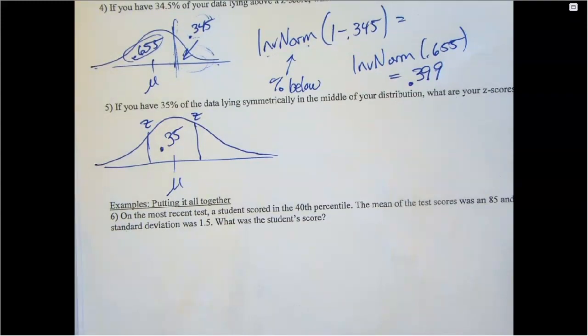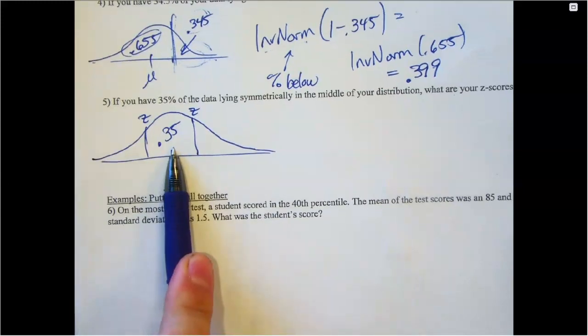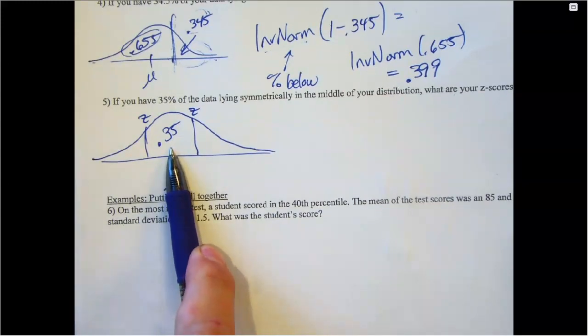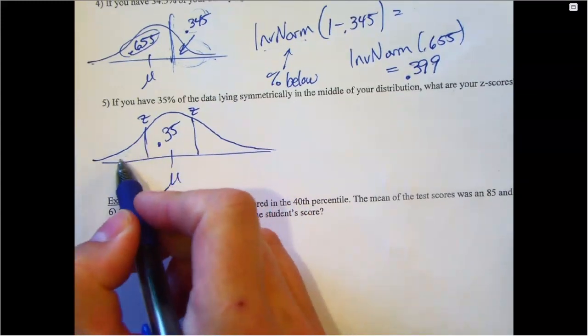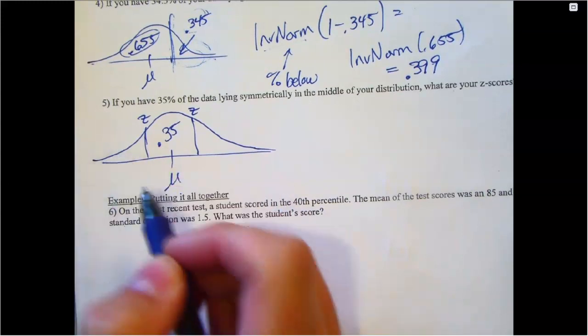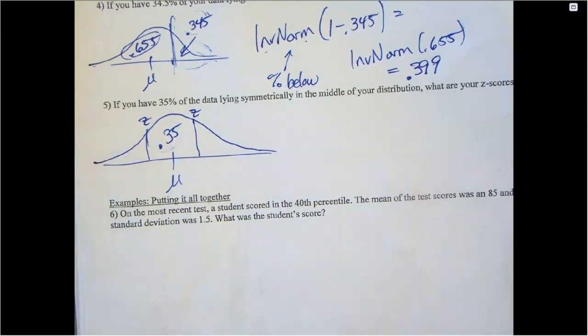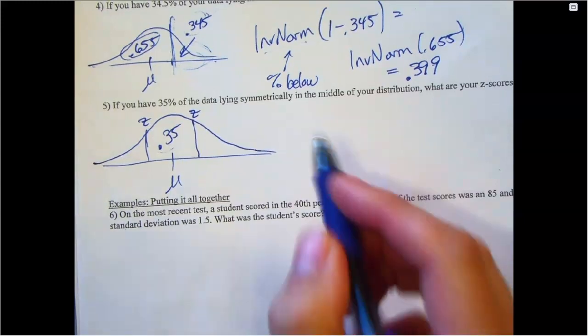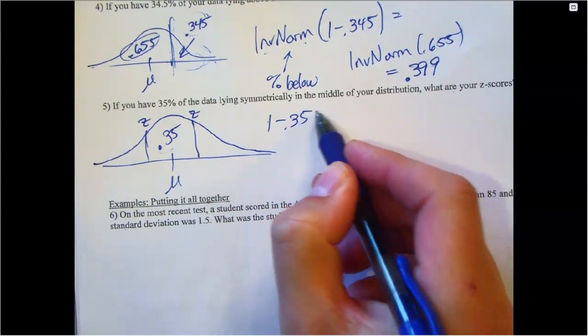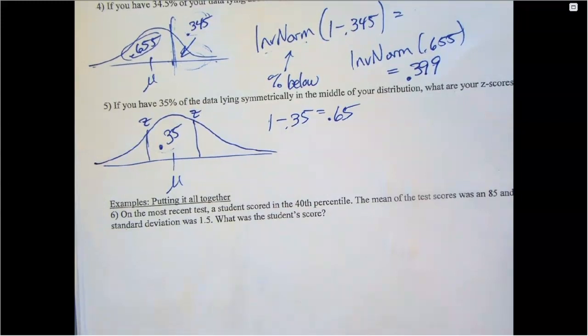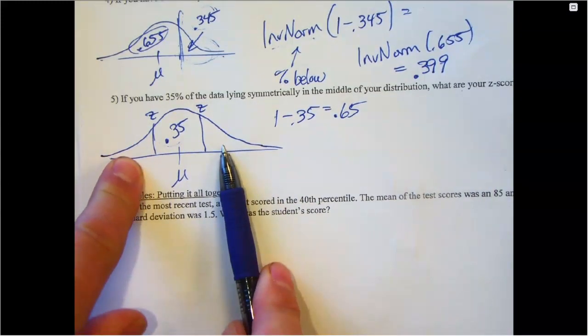But your calculator only understands percent below. I can't tell it 0.35 because it'll give me where 35% is lower. So if 35% is already gone, how much percent is left? 1 minus 0.35 gives me 65% remaining. But that needs to be split among these two sections, right?